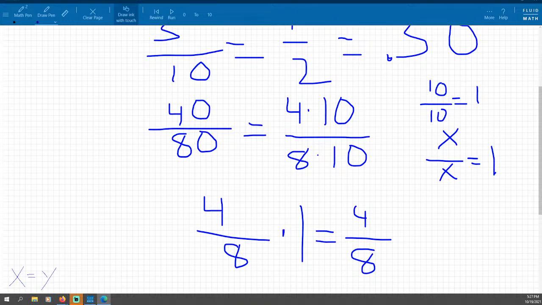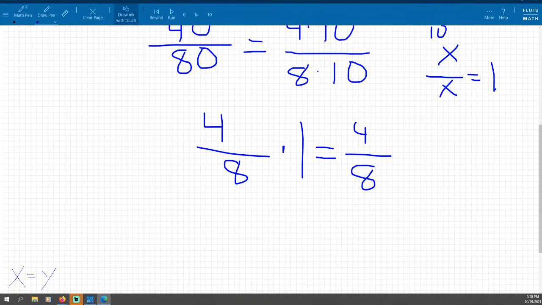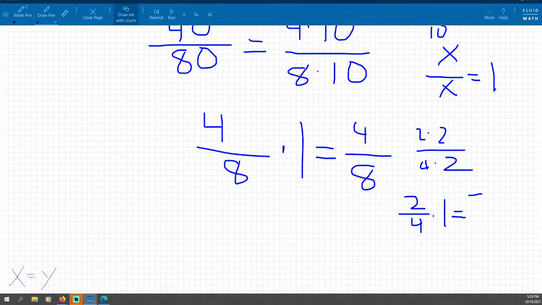Another way to reduce, so what's a common factor before we go to the next section? So let's reduce this some more. What's common factors in here? 2, so you'd have 2 times 2 over 4 times 2. So now that 2 over 2 is the same as 1, we can go 2 over 4 times 1 is equal to 2 over 4.